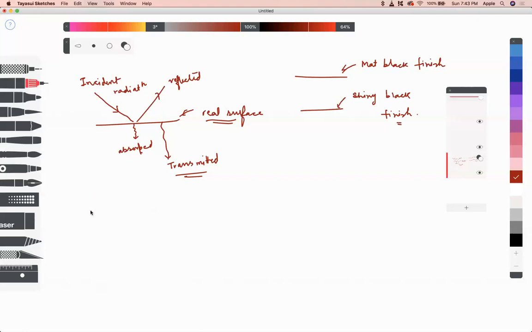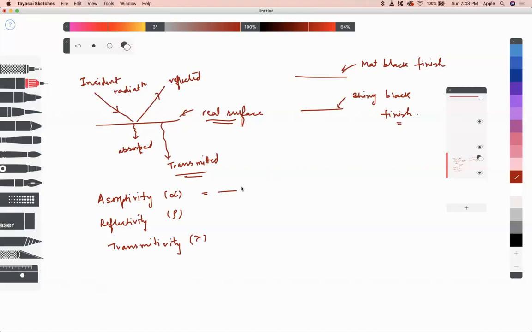Okay. So how do we define these? Absorptivity is defined as alpha, reflectivity as rho, transmittivity as tau.